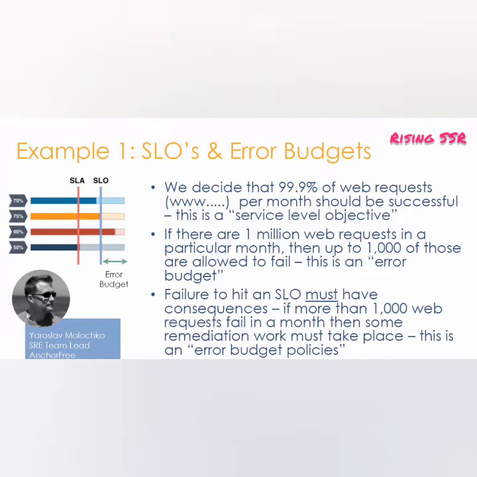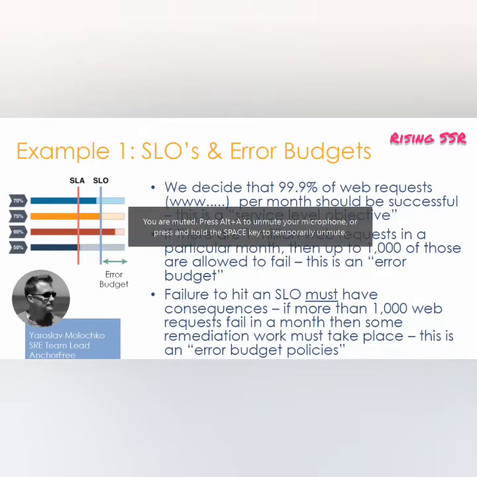But the moment the system starts going beyond that threshold, then definitely I need to take some action to ensure that I bring back the SLO to its normal situation. That is called the error budget policy.